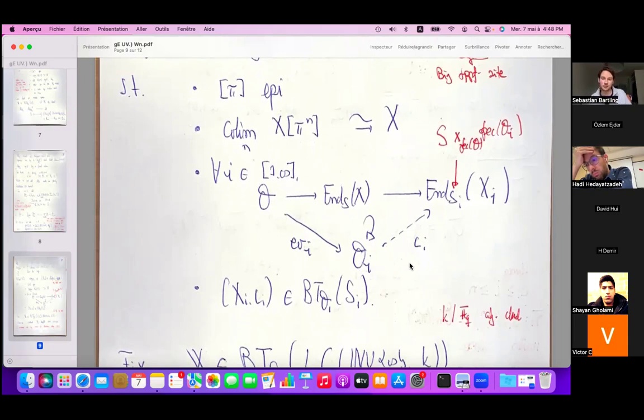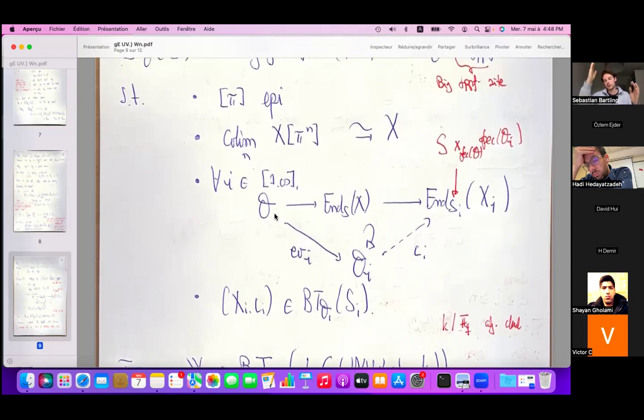So this X lives over S, and S lives over O, and then I can always go to a fiber, for I in N union infinity. If I restrict my O action to this fiber, I want that it's just OI acting there.